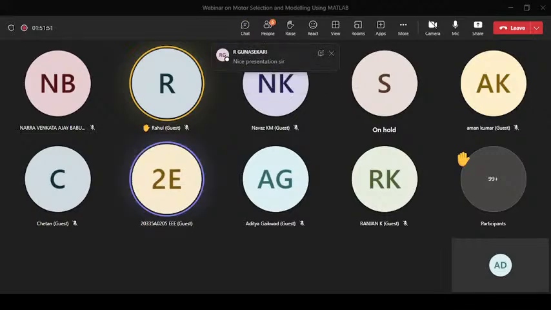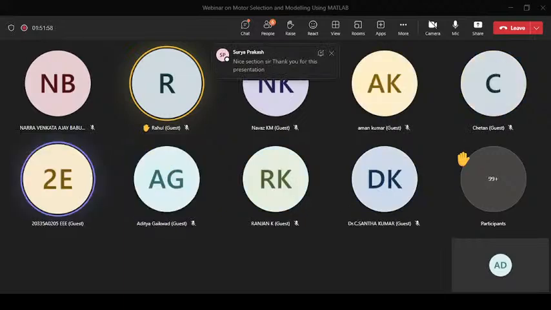Sir, if we change the type of vehicle, what are the motor types? Will it change or not?